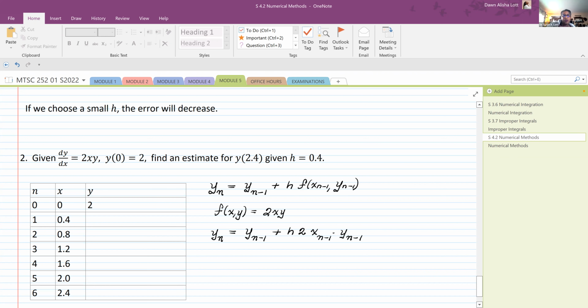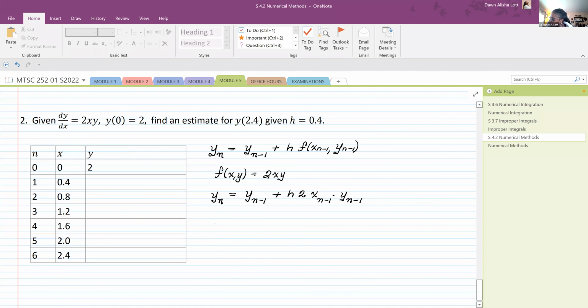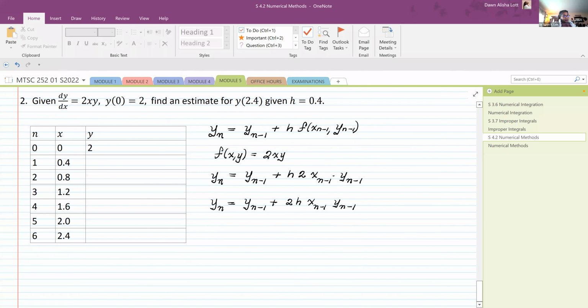So now we know our formula. So y_n is equal to y_(n-1) plus 2 times h times x_(n-1) times y_(n-1).